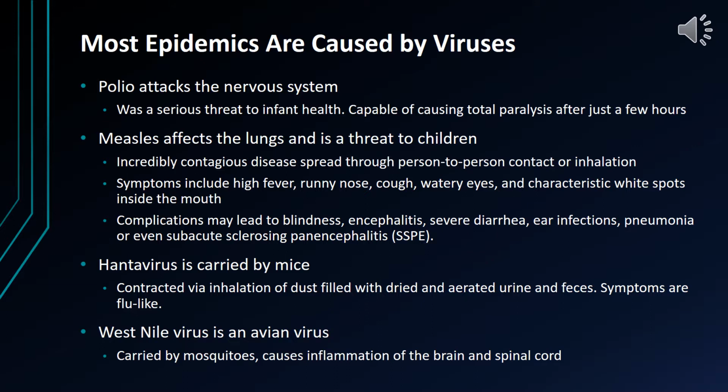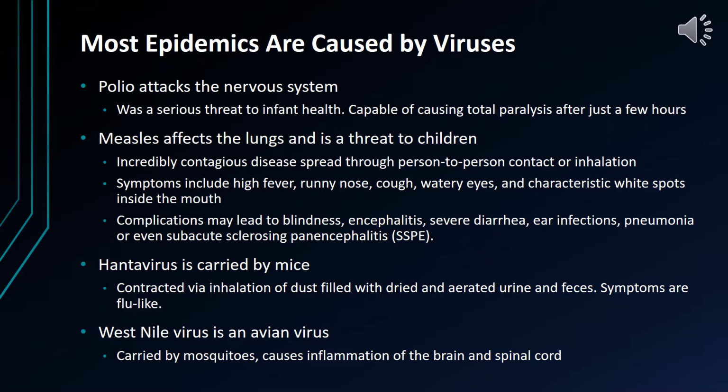There's hantavirus, which is a type of virus carried by mice, and this is contracted via inhalation of dust filled with dried and aerated mice urine and feces, and symptoms are flu-like, which makes it kind of difficult to diagnose at first.